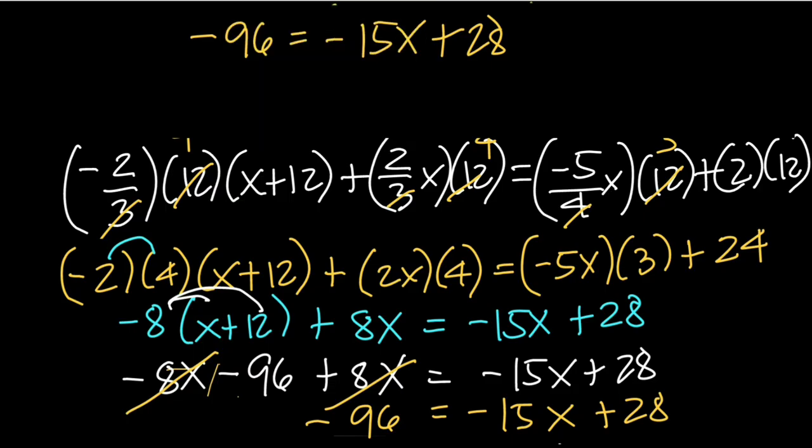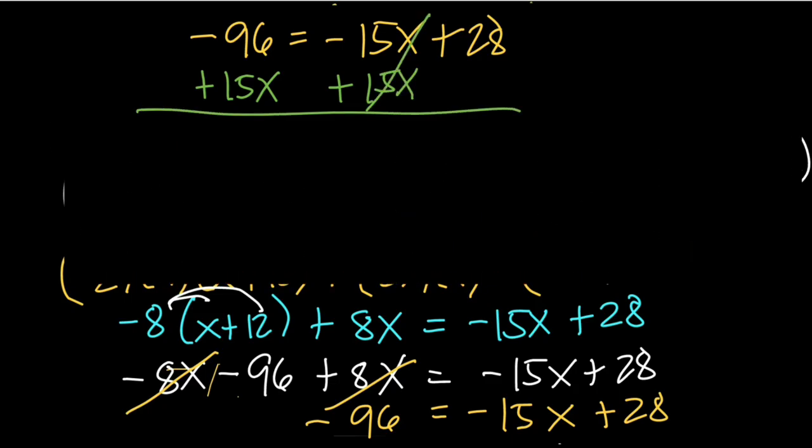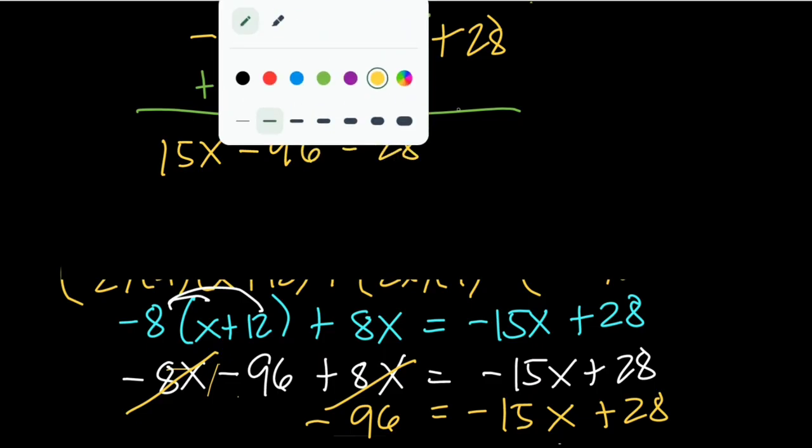Then we add 15x to both sides. So this cancels out. I hope we didn't miss something. Okay, and then we have 15x minus 96 equals 28.